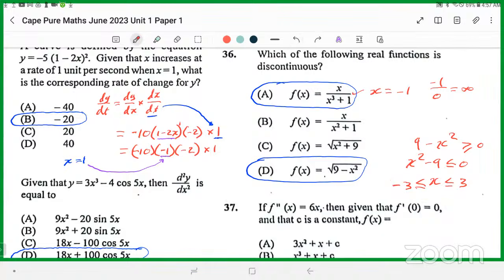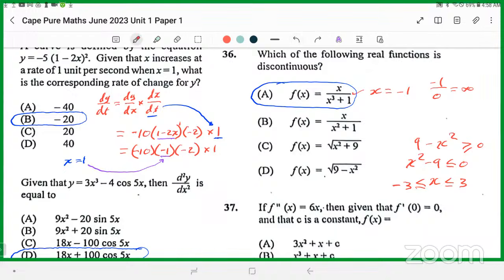And this one is continuous everywhere. The question is, which of the following real functions is discontinuous? I guess maybe it's this one, because it's continuous in that range and doesn't exist outside of that. You're going along, and only when you get to x equals -1 you can't get a value.